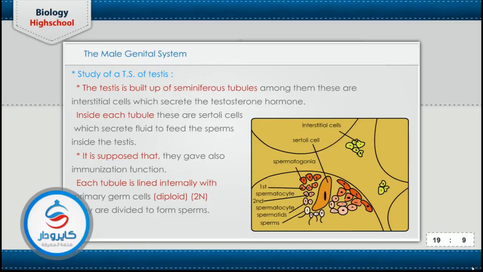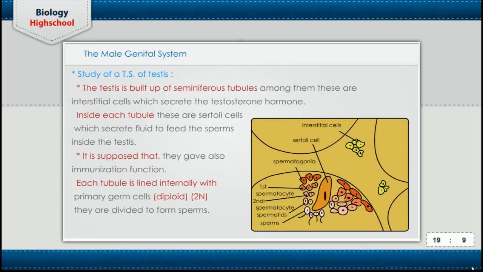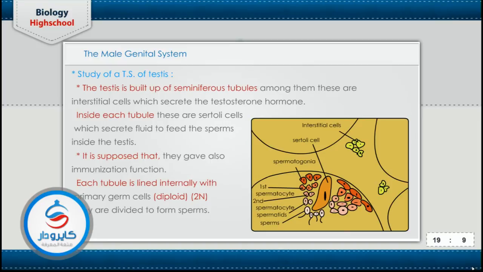Meiosis 2 changes the secondary spermatocyte into spermatids. After that, the spermatids change from the oval shape of the cell into the shape of the sperm, which is called metamorphosis. That is the last stage in forming the sperms.